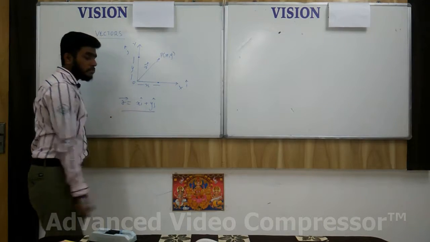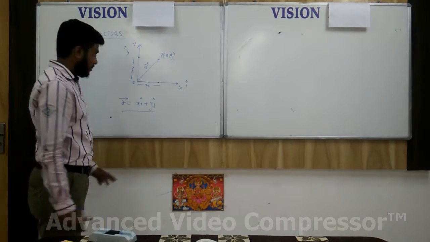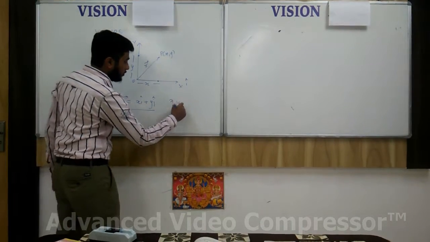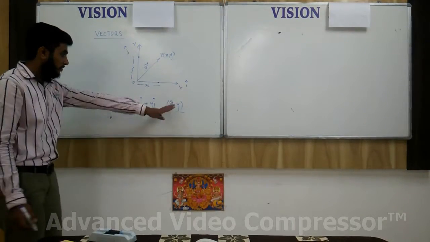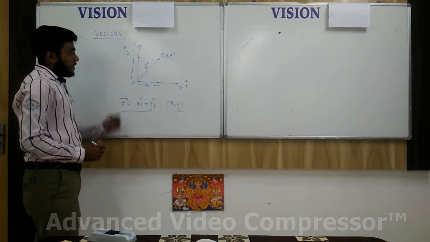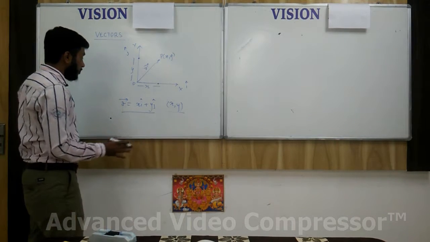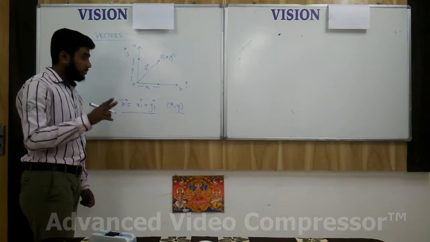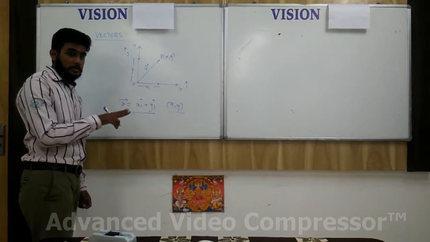This is the position vector of point P, which is very different from what we expressed in the coordinate system as x, y magnitudes. We are talking about the magnitude because the vector is associated with the direction as well as the magnitude.